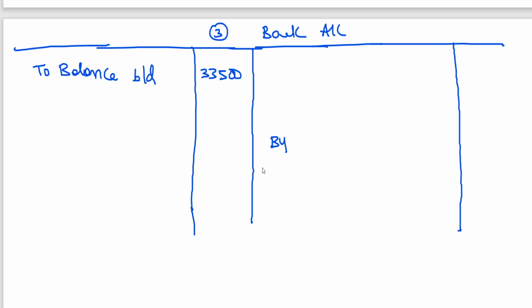Since I am going for the posting simultaneously, better you leave some space, because you need to show the posting of payment of outside liabilities. Even if you write it, there's nothing wrong in that. Technically speaking, you will be making payment to partner's loan after payment of all outside liabilities. So that is why here I am writing by A's loan. What is A's loan here? 10,000 rupees.